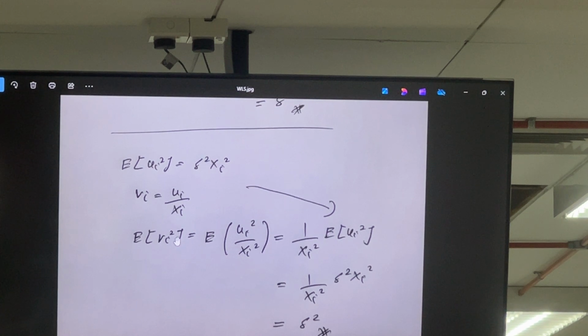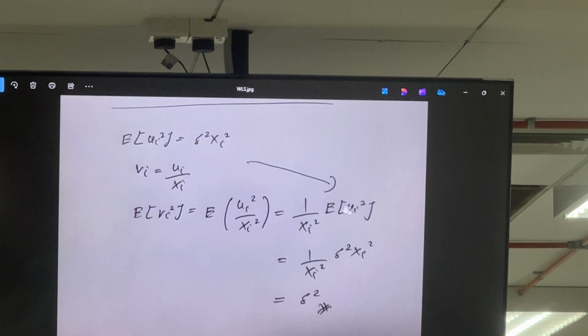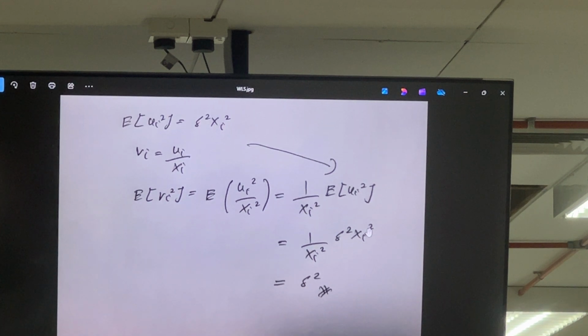So the variance of the new error term vi is given by this. This one you can take out, so 1 over x squared. So we have this, and we know that the variance of u is given by this, so you can replace here. So this xi squared can cancel out, so we have sigma squared just like before.